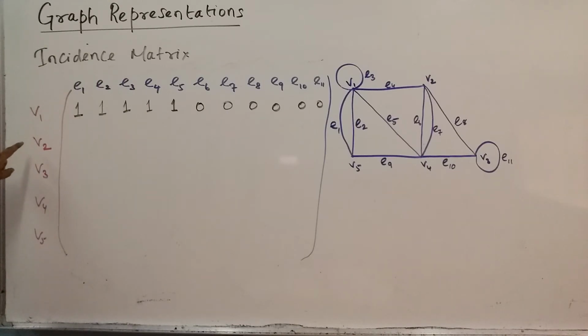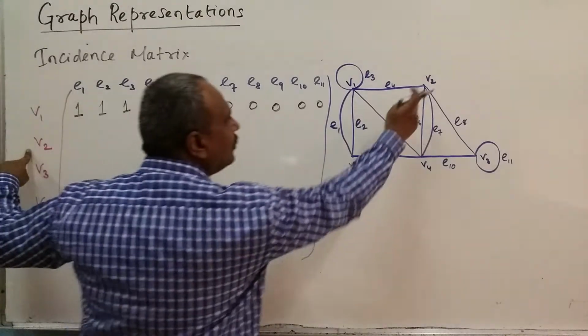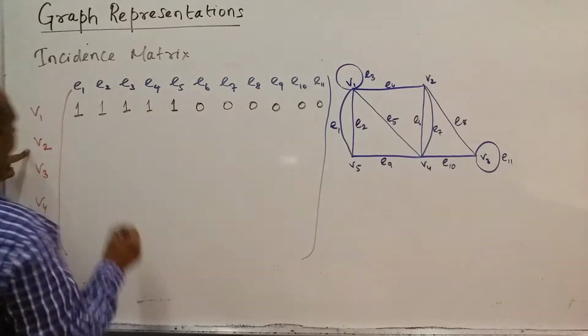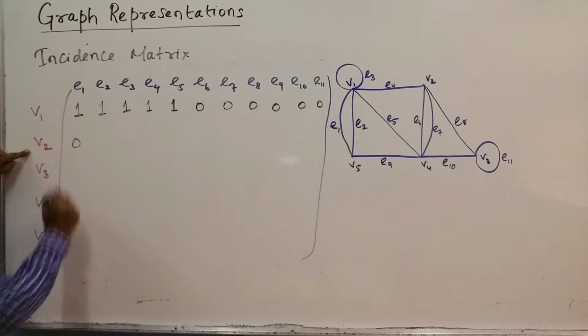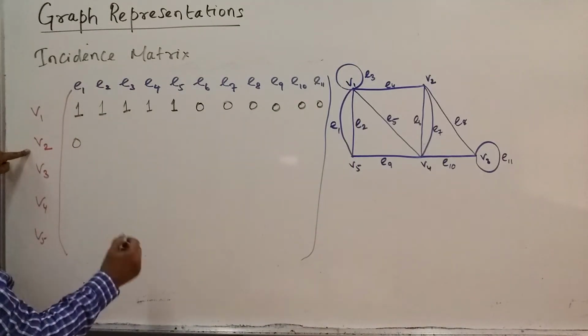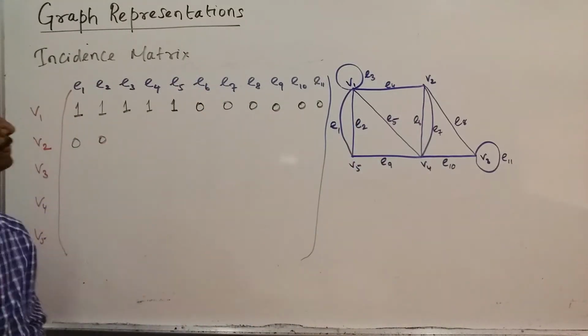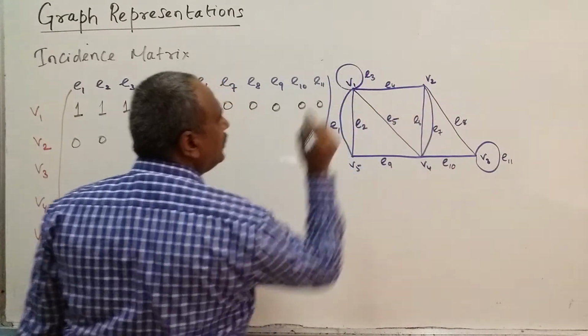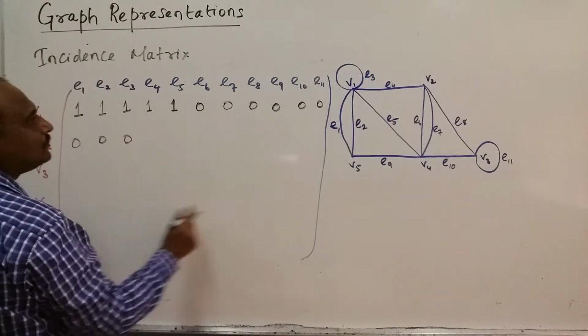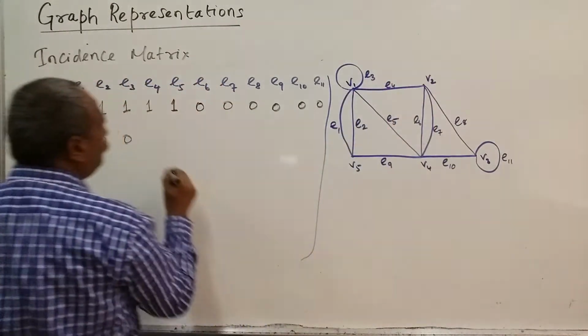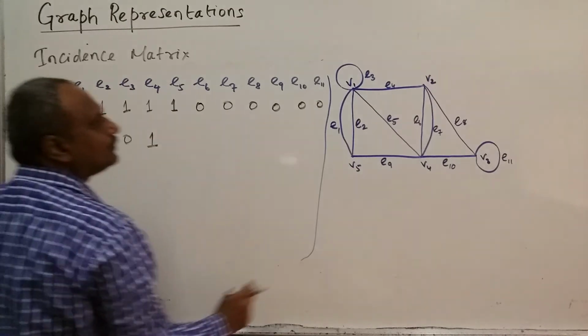The same idea, I am going to take V2. V2, E1, away, there is no connection, 0. V2, E2, there is no connection, so the value is 0. V2, E3, 0. V2, E4, yes, 1.